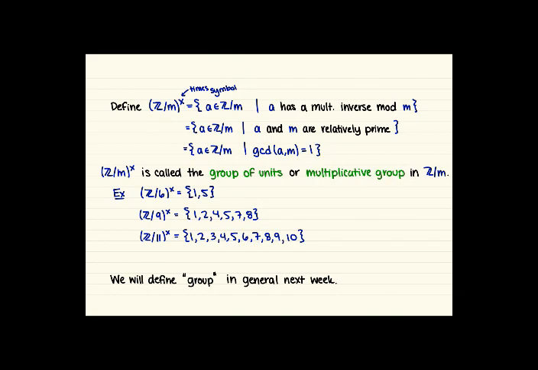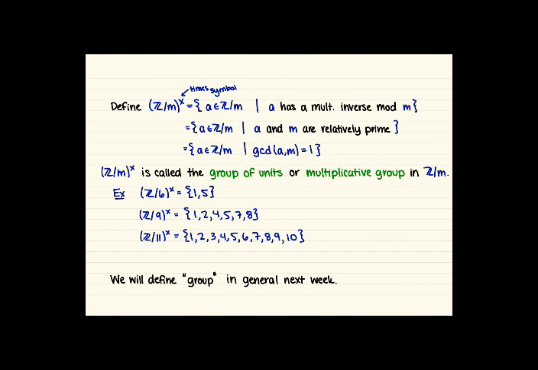So notice here we've got this prime number, which means that everything except for 0, between 0 and that number minus 1, is going to be relatively prime to that number. So all non-zero elements in Z mod m here have multiplicative inverses. So that's an important fact when we've got a prime number.